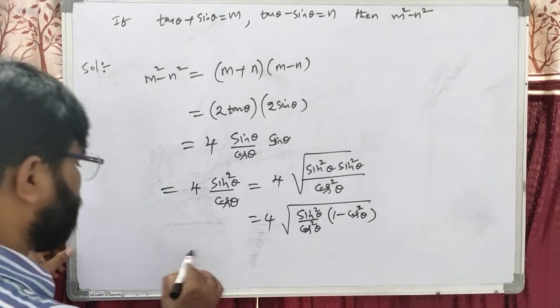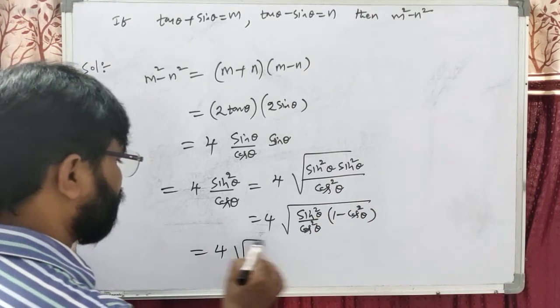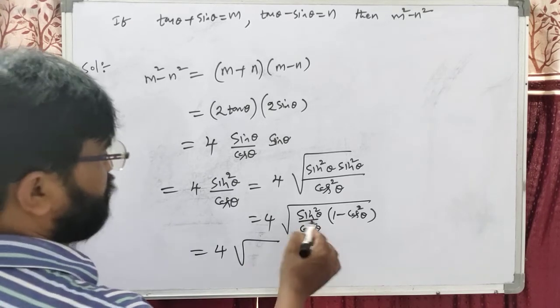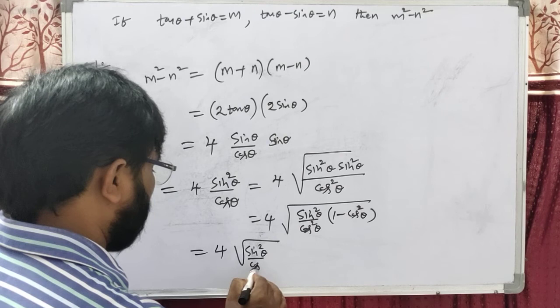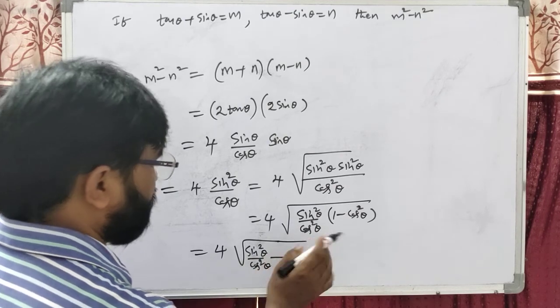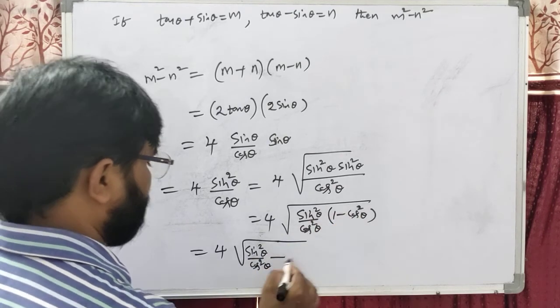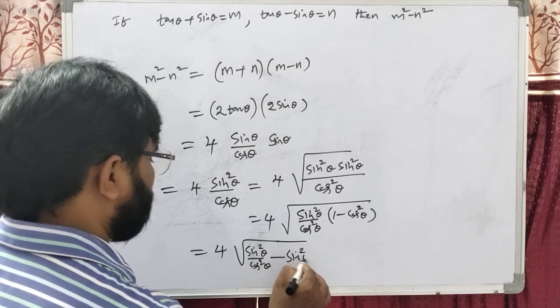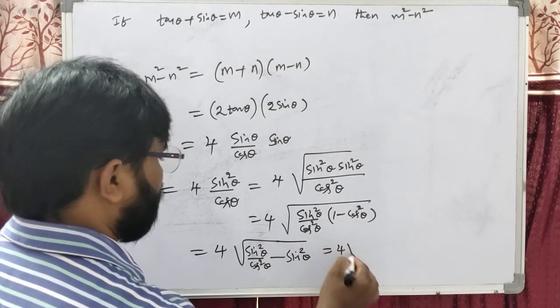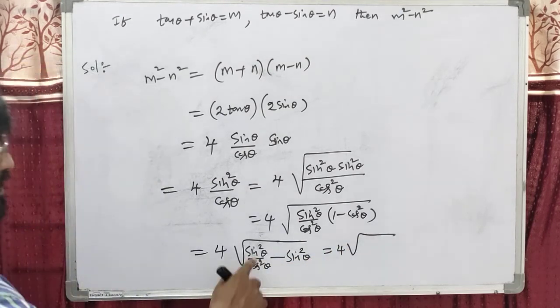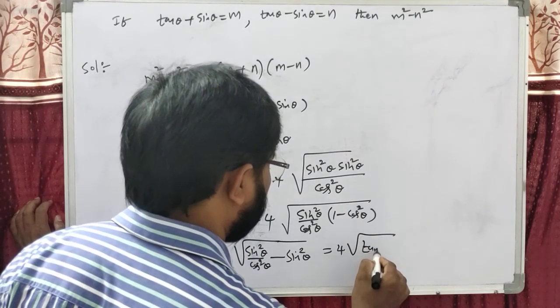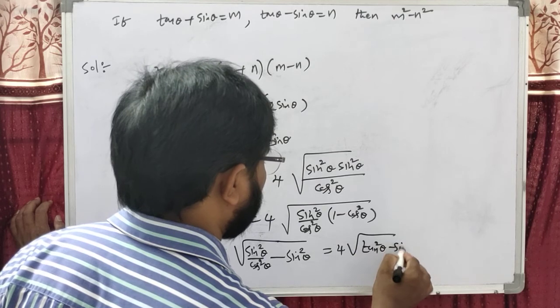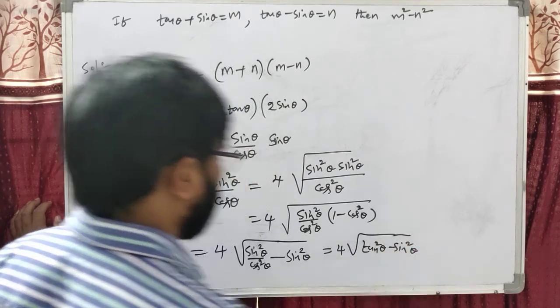Dear students, now we can write this as sin square by cos square theta. The sin square theta by cos square theta minus cos square cancel. This is the sin square theta. Dear students, we can write sin square by cos square as tan square. Tan square theta minus sin square theta.